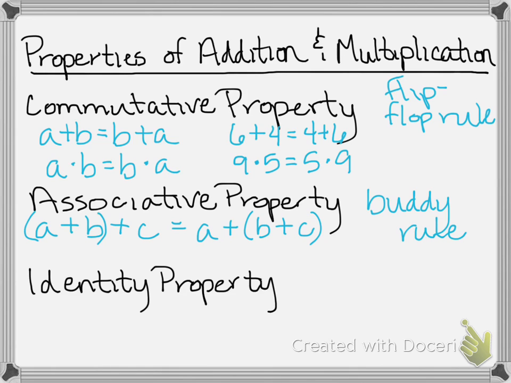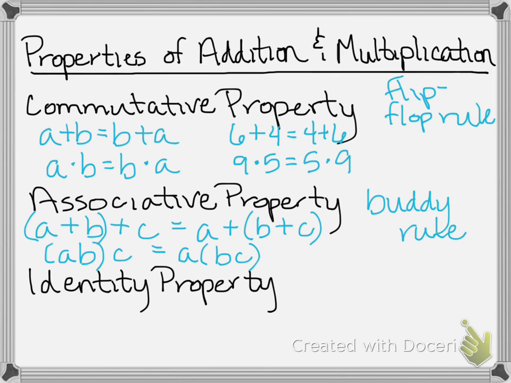In multiplication, we can say (A times B) times C is the same thing as A times (B times C). So we can move the parentheses, put them in different places, and still get the same answer.